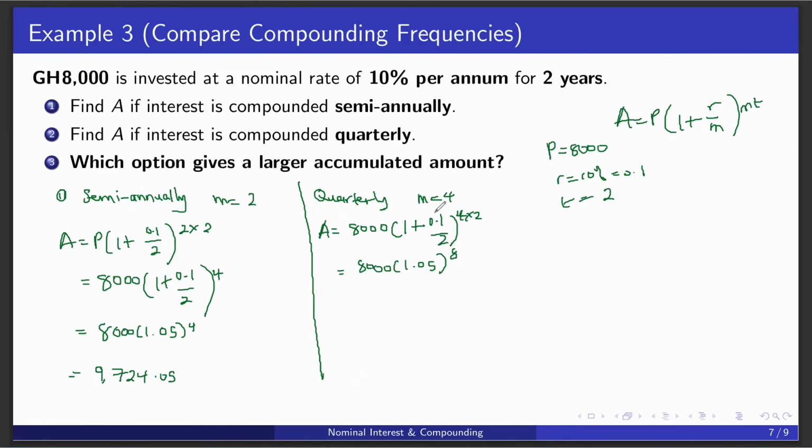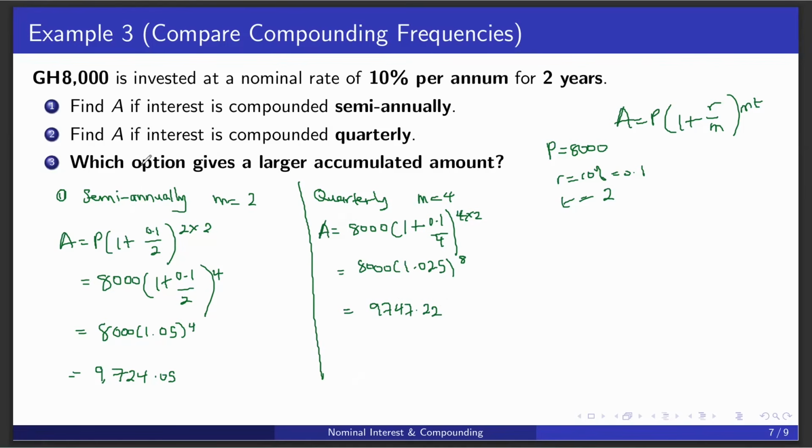Oh, this is supposed to be M is 4. So I'm going to change this. Okay. So this is 0.1 divided by 4. This gives me 1.025 to the power 8. Then finally, I have 9,747.22.